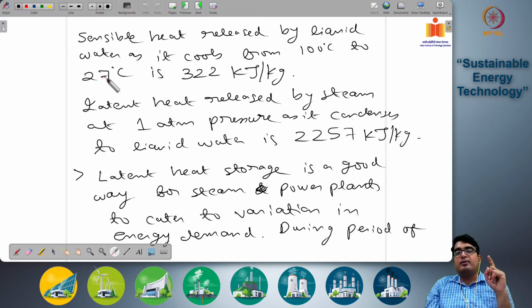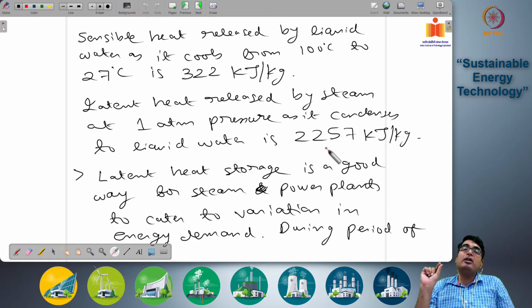In contrast, latent heat released by steam at 1 atmosphere pressure as it condenses to liquid water is 2257 kilojoules per kg. Okay, so we see this is more than 8 times that of what can be released by sensible heat alone. So 1 kg of steam at 100 degrees centigrade releases 2257 kilojoules of heat as it condenses back into liquid water at 100 degrees centigrade.